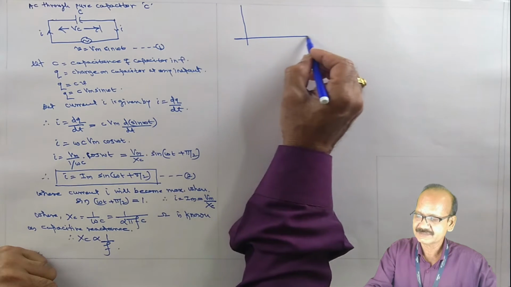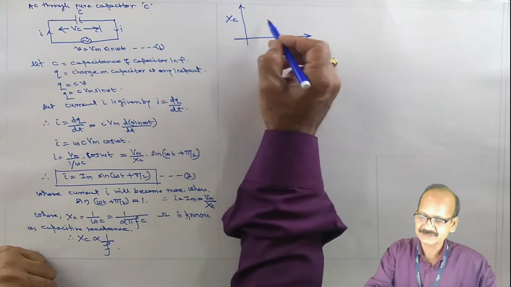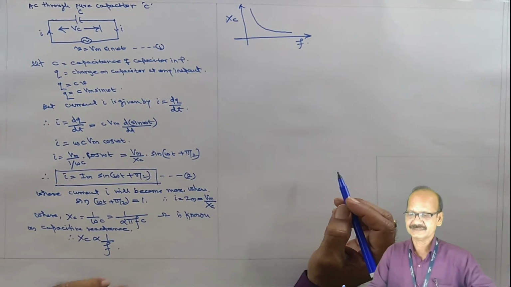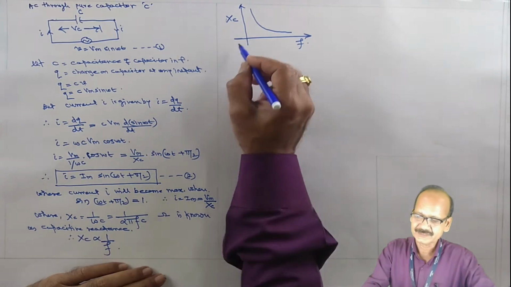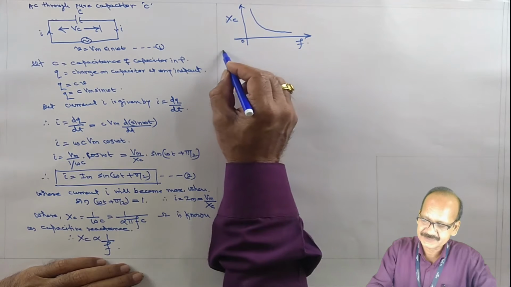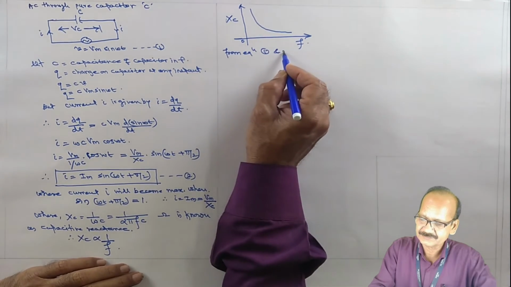Therefore, if frequency is on the x-axis and Xc is on the y-axis, the curve is like this. Okay, this is the origin. See the waveform from equations 1 and 2.